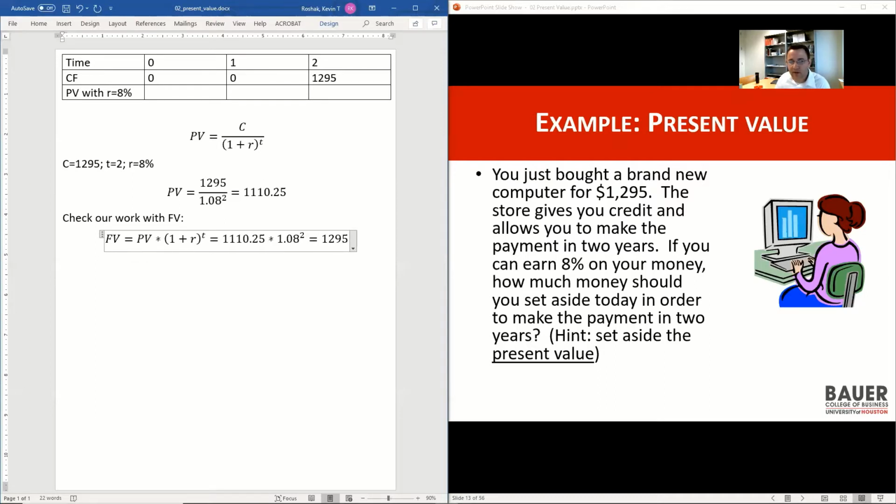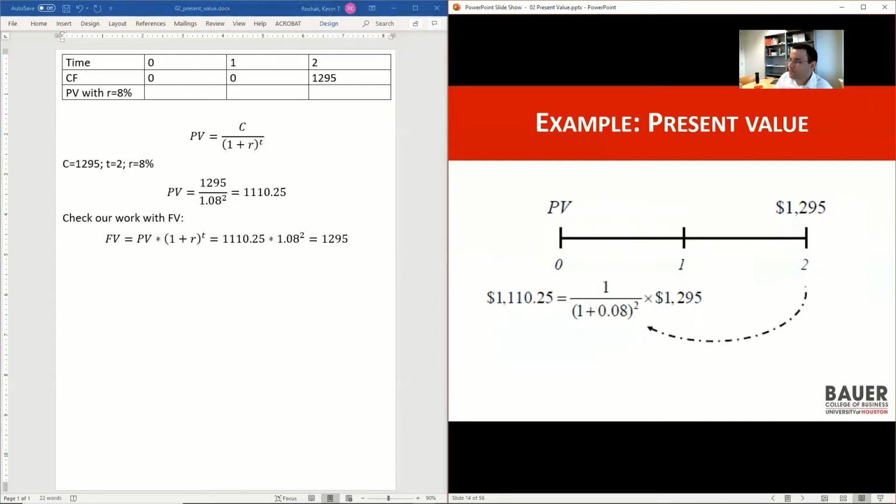Right? So this is verifying if I have $1,100 now, and I can earn 8% like the problem says, then I should have enough to pay Best Buy at time 2. Okay. So that's a pretty simple present value formula. Hopefully we're all comfortable with that.